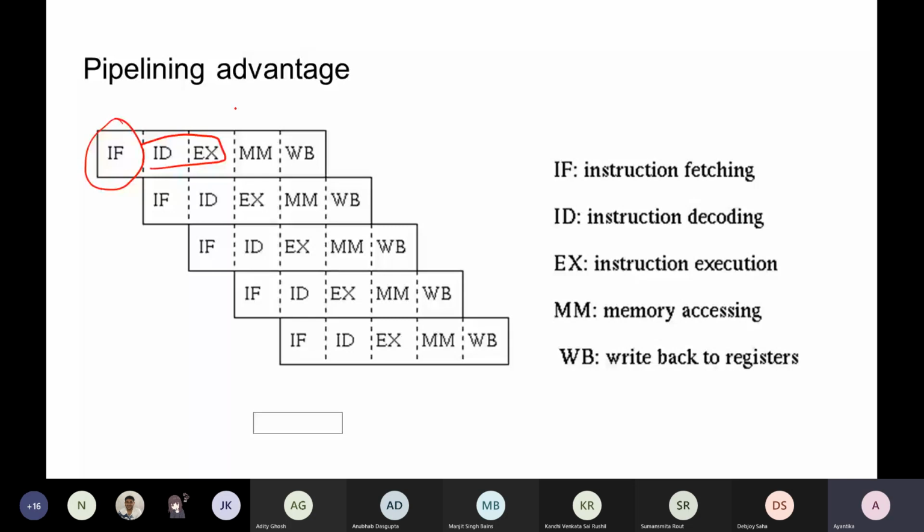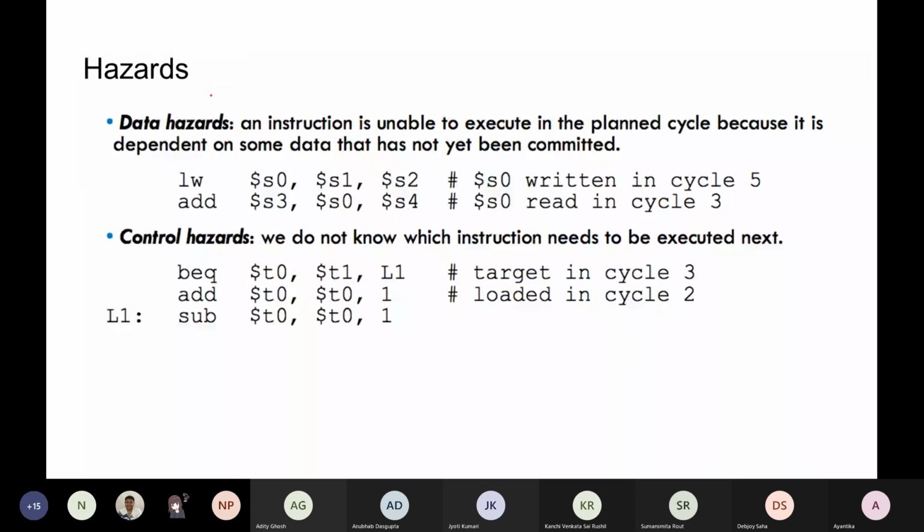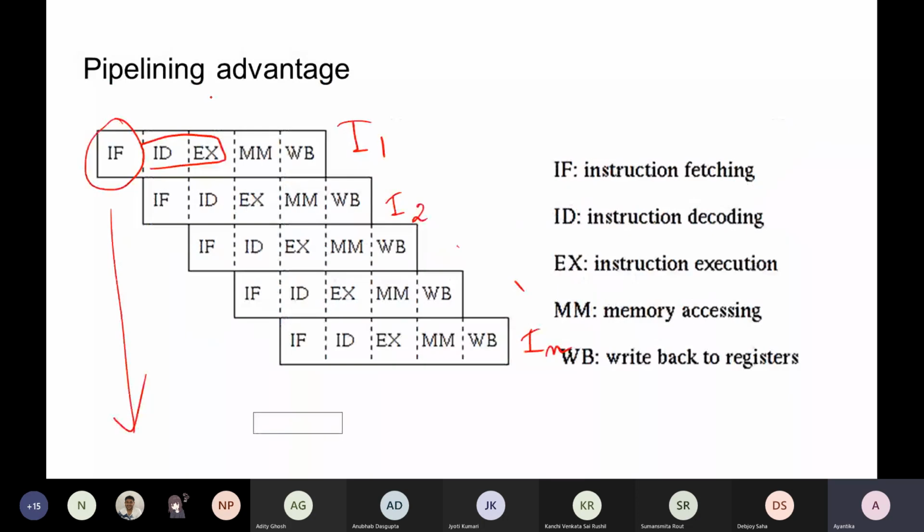You can see, for a particular instruction, if this is my instruction 1, instruction 2, and so on, maybe instruction n, whenever we are doing the instruction fetch, the first one we cannot do anything, this is empty. But for the first instruction, when we are doing instruction decode, this instruction fetch hardware was sitting idle.